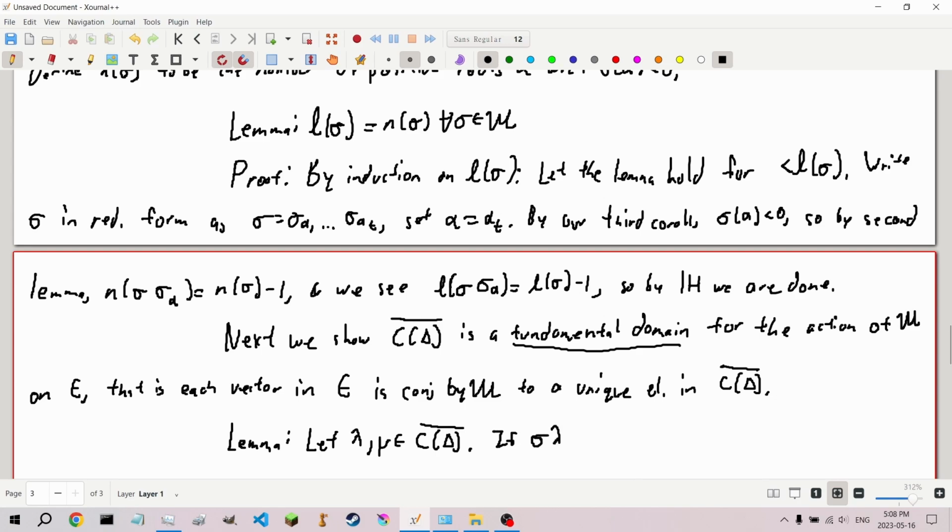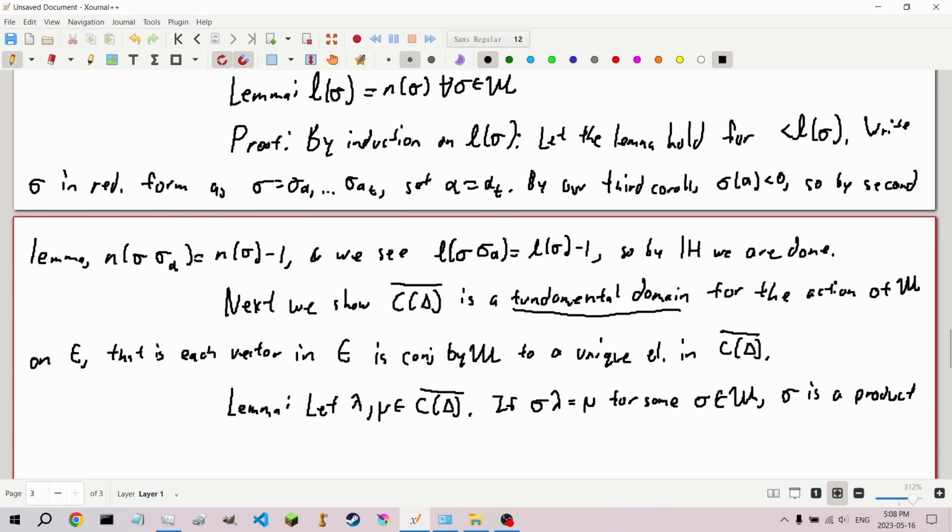If sigma of lambda is equal to mu for some sigma in the Weyl group, then sigma is a product of simple reflections which fix lambda, so that lambda equals mu, obviously.